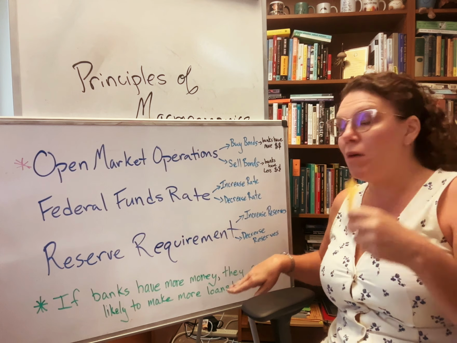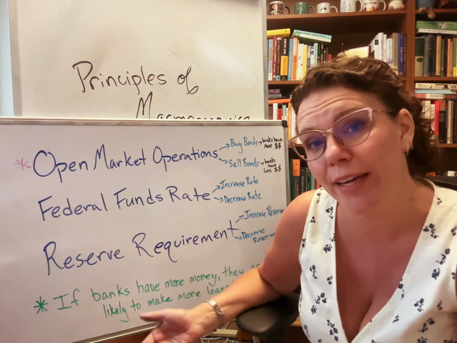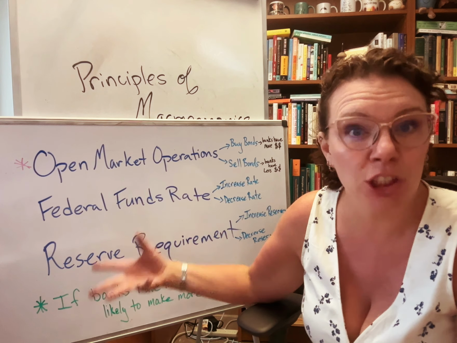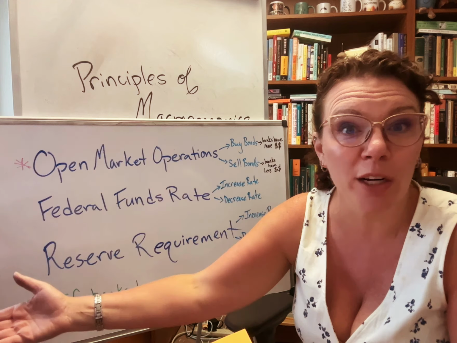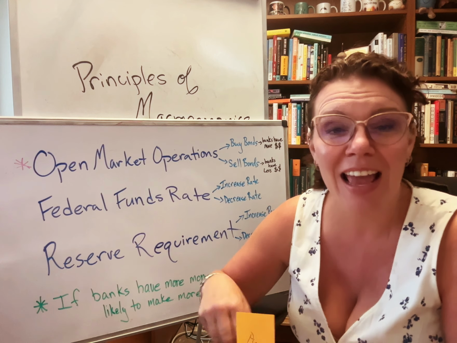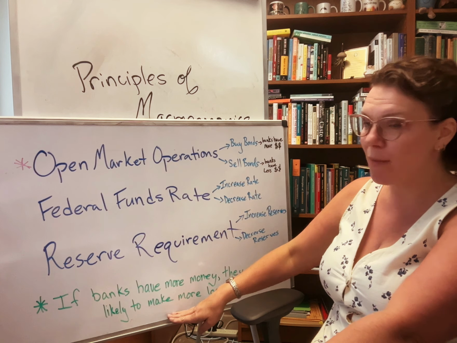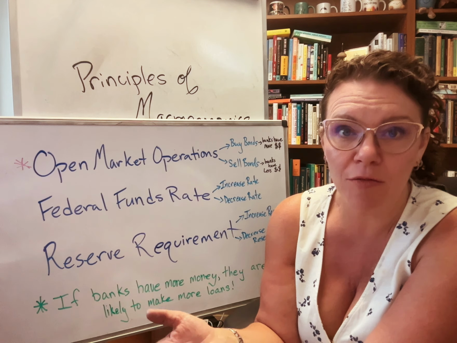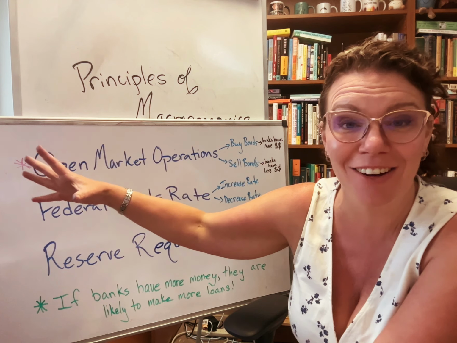If the banks have more money, we assume they're going to want to make loans with it, because that's a way to earn money on fees and interest when they charge people when they go and make loans, right? If they issue a mortgage, they're going to collect interest on that. And so the more cash we give banks, the more loans they make, the greater the supply of money, the lower the interest rate, the more the economy churns, expanding the economy.